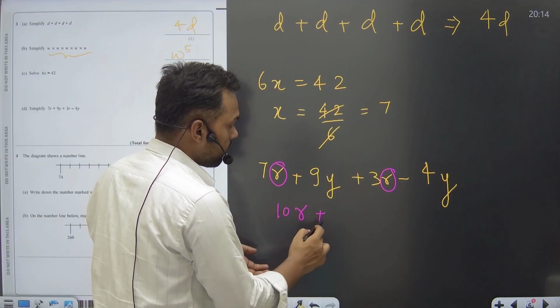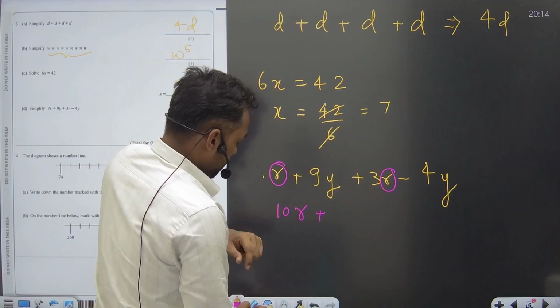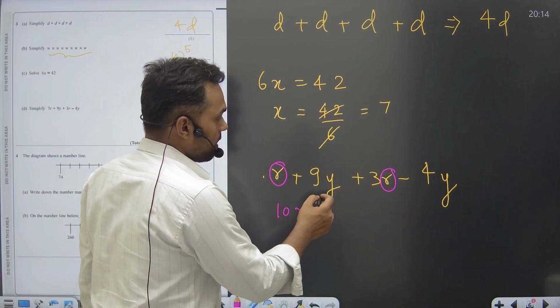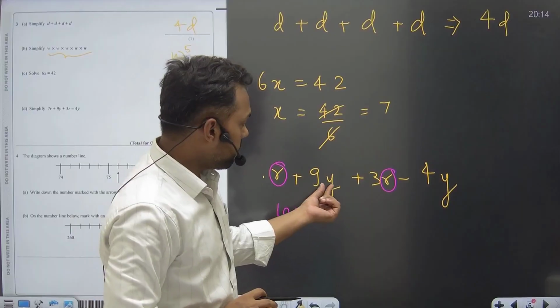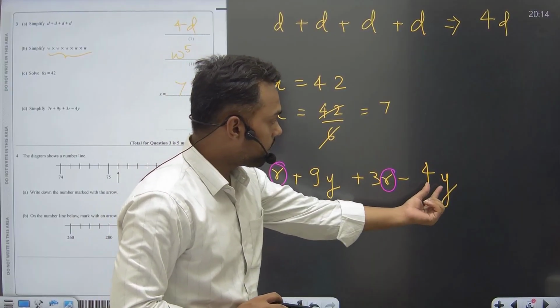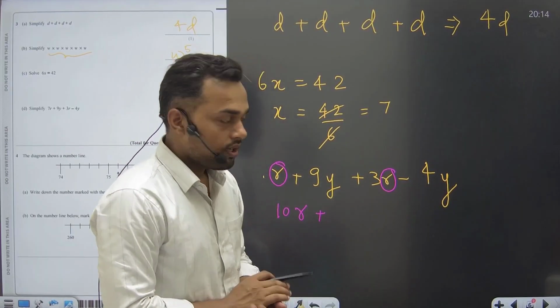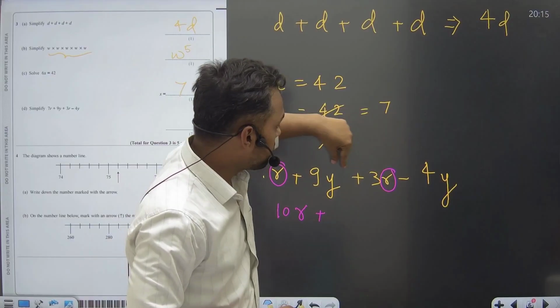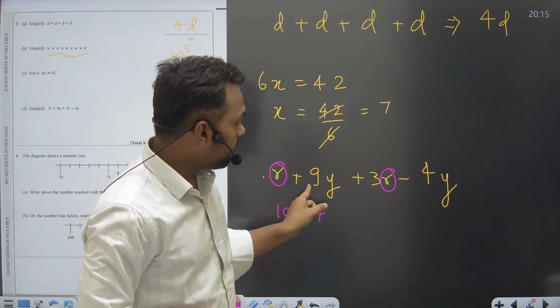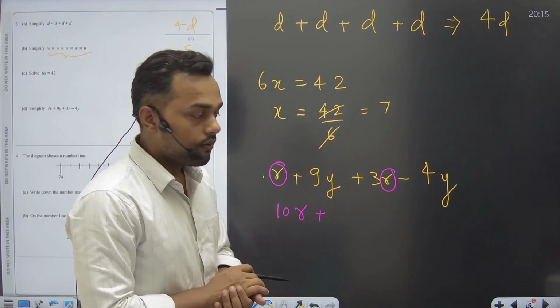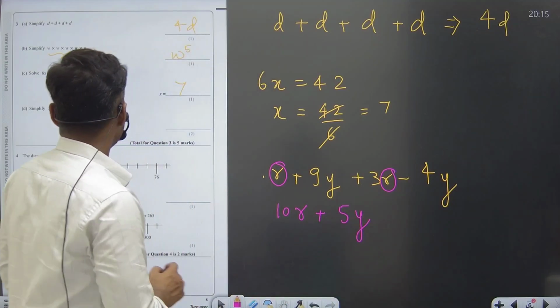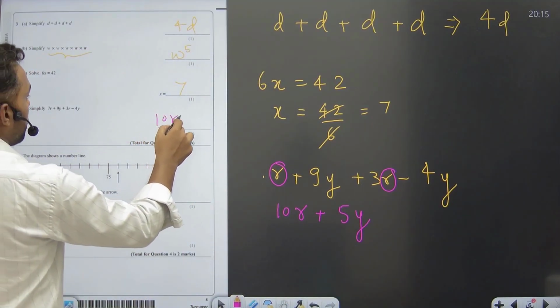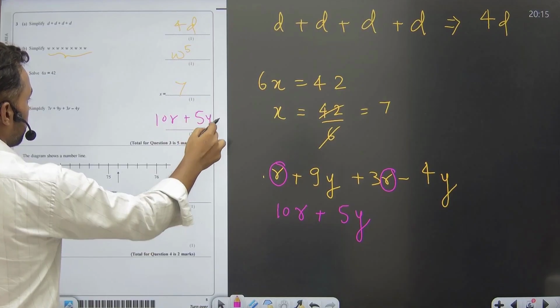Second part is 9y and 4y. For 9 it is positive sign, for 4 it is negative sign, and this also has the like coefficient, that is y. So 9y minus 4y will be 5y. So here will be 10r plus 5y. Okay, so the solution will be 10r plus 5y.